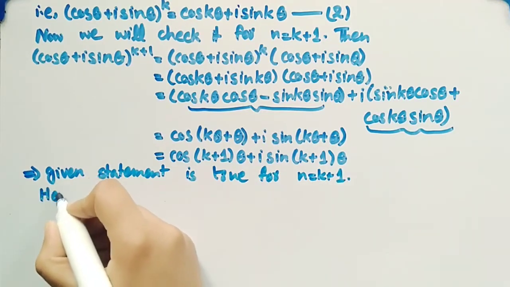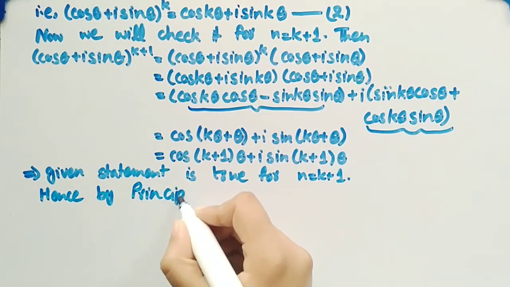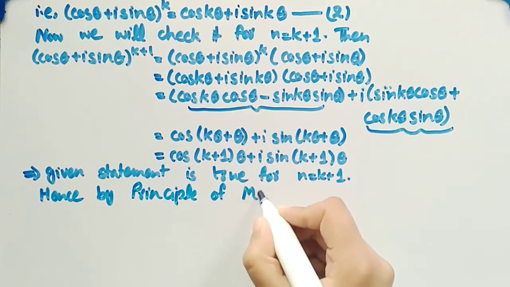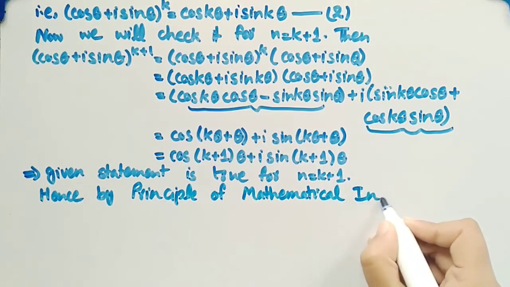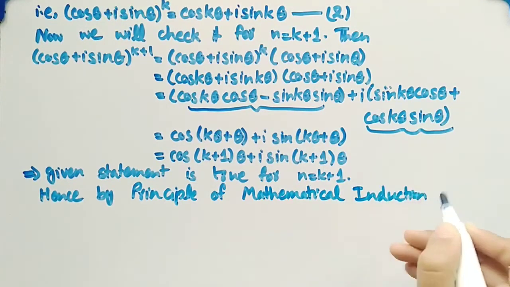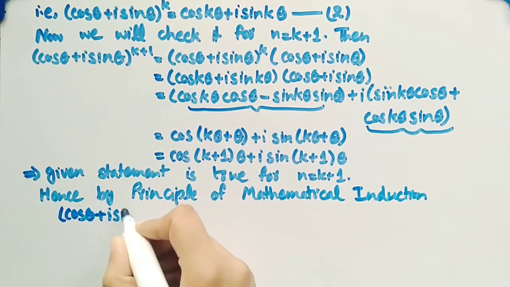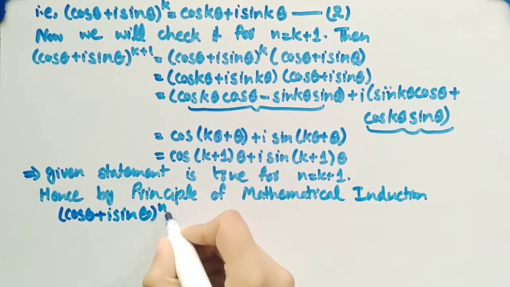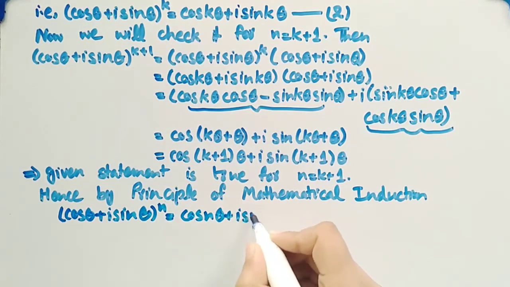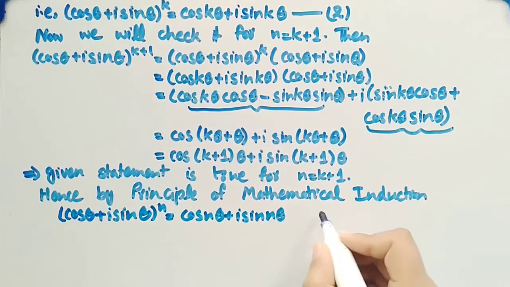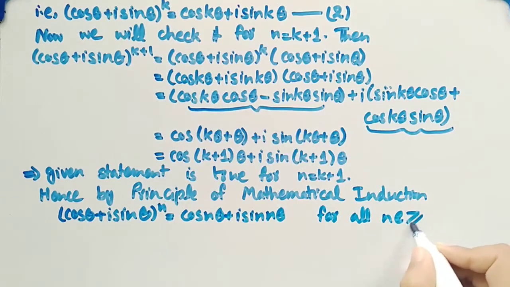Hence, by the principle of mathematical induction, (cos theta plus iota sin theta) raised to power n is equal to cos n theta plus iota sin n theta for all n belonging to positive integers.